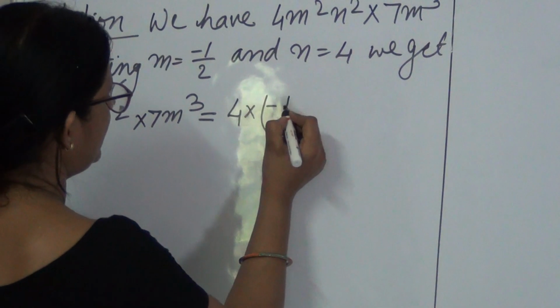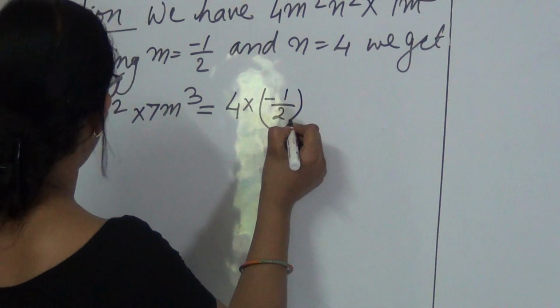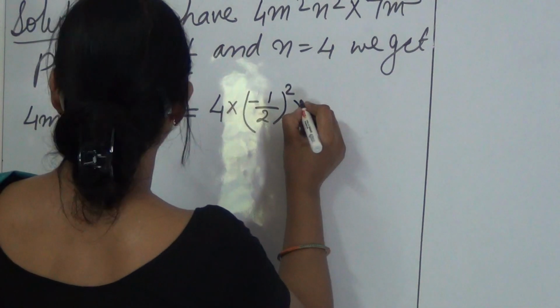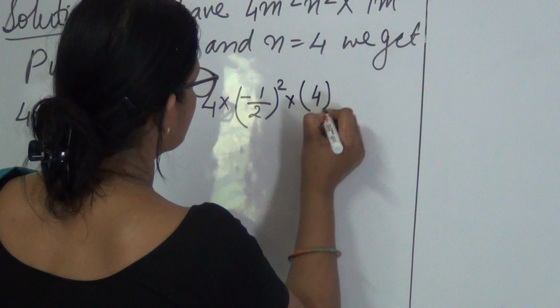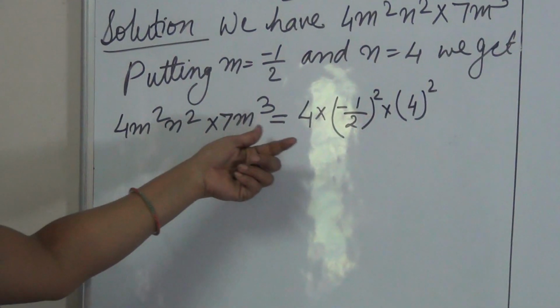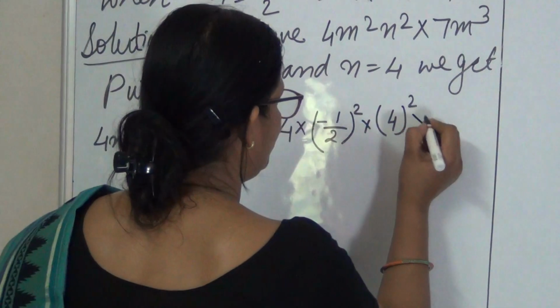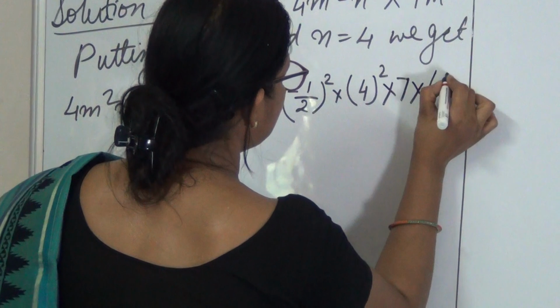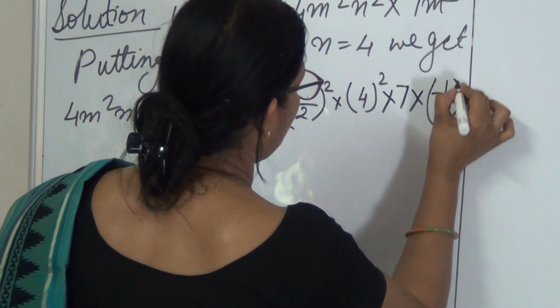So minus 1 upon 2 whole square and the value of n is 4. So it is 4 square. Again we have 7m cube into 7 into minus 1 upon 2 whole cube.